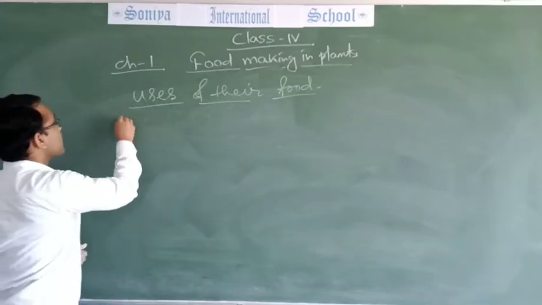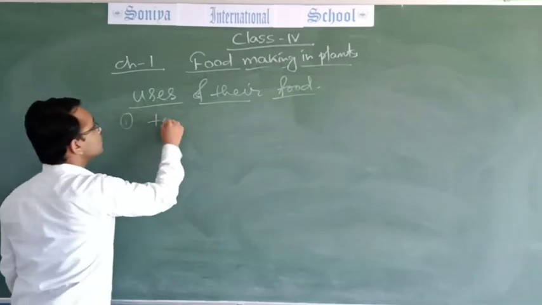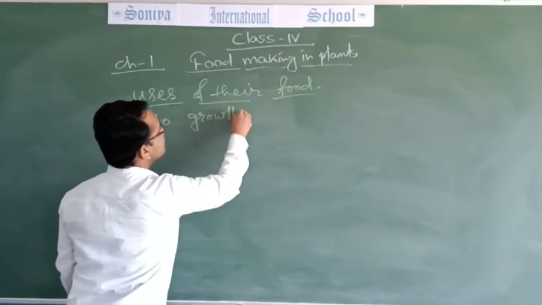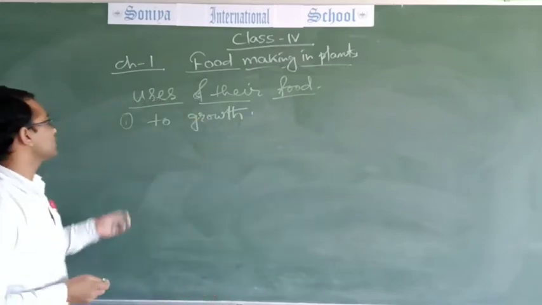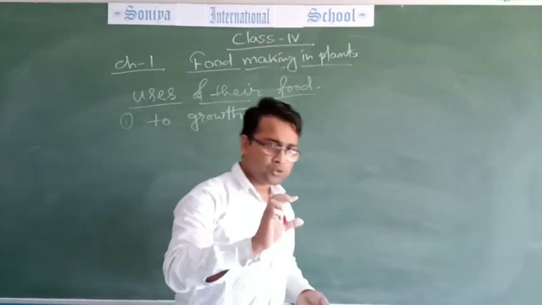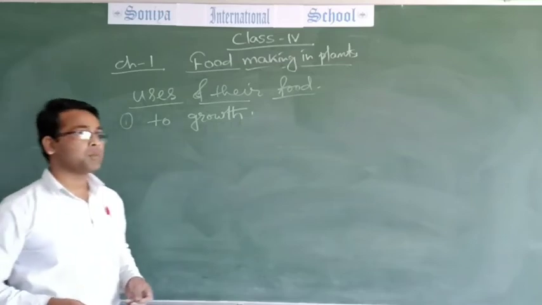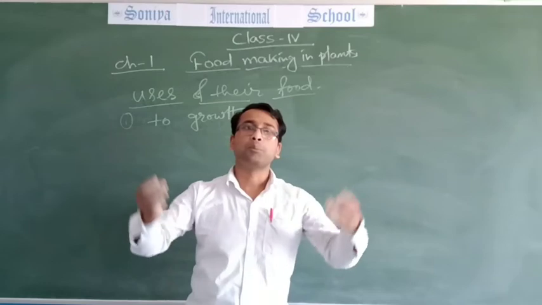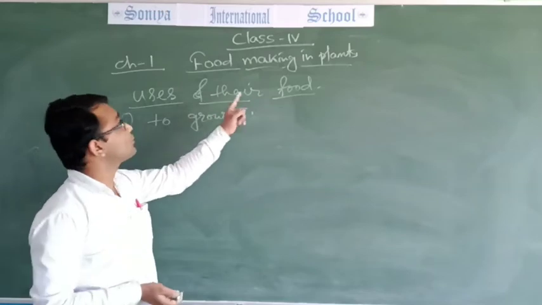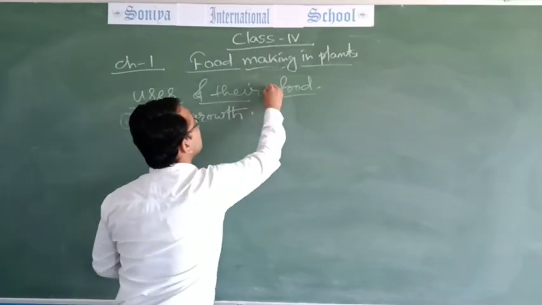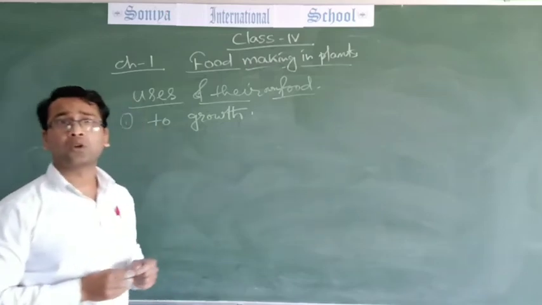Number 1, they use their food for growth. That means little plants become big plants after many years. How is it possible? Because of the use of their own food. So, first, growth.